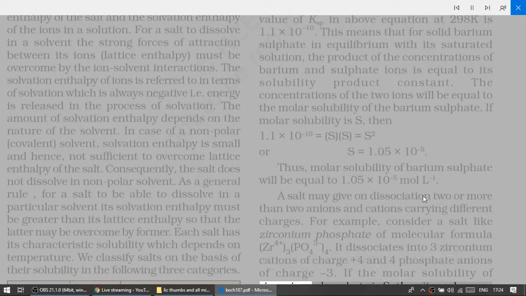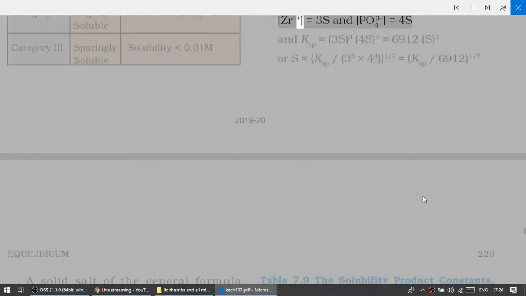If the molar solubility of zirconium phosphate is S, then it can be seen from the stoichiometry of the compound that [Zr4+] is equal to 3S and [PO43-] is equal to 4S, and Ksp is equal to (3S)^3 (4S)^4, which is 6912 S^7, or S is equal to (Ksp/6912)^(1/7).